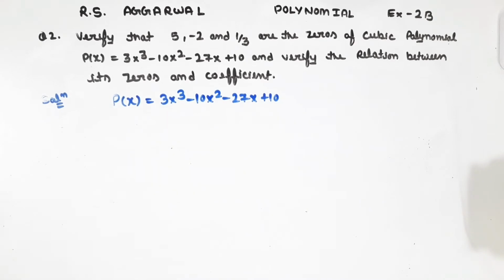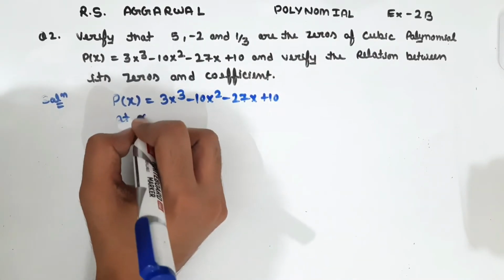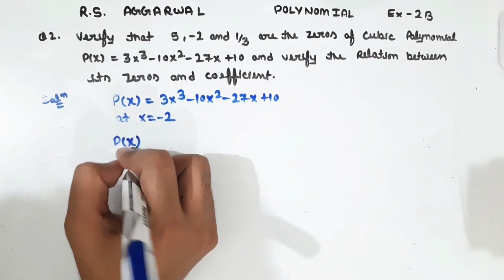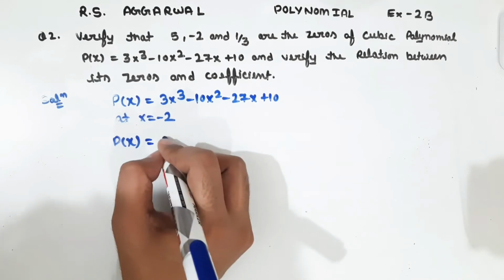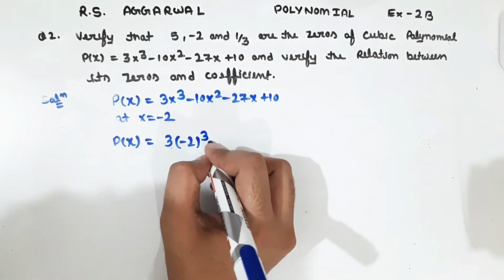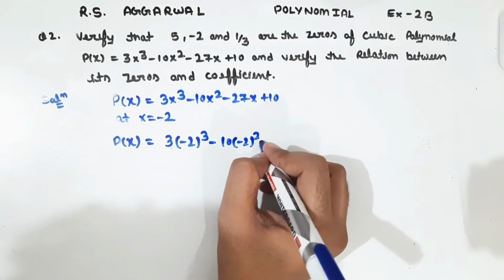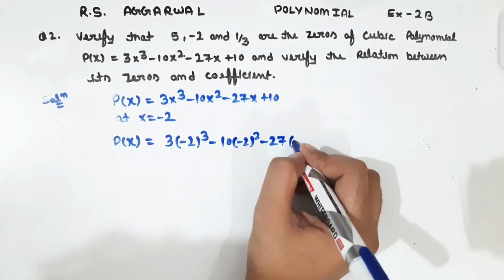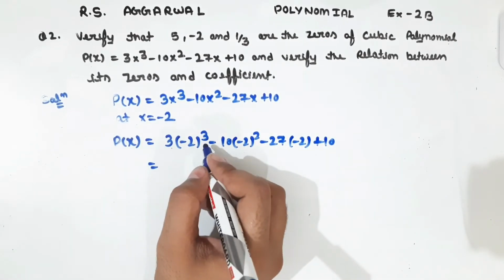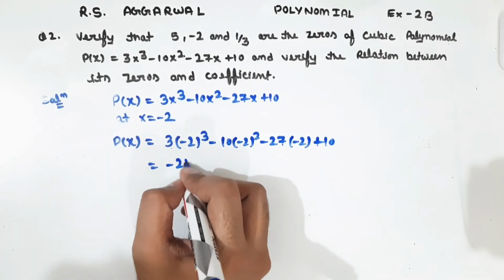Now we will check at x equals minus 2. So p(x) at x equals minus 2 is 3 into minus 2 cube minus 10 into minus 2 square minus 27 into minus 2 plus 10. Minus 2 cube will be minus 8, and minus 8 into 3 will be minus 24.